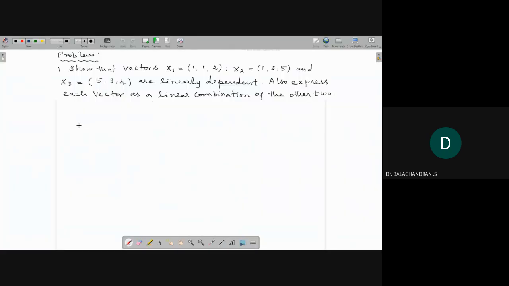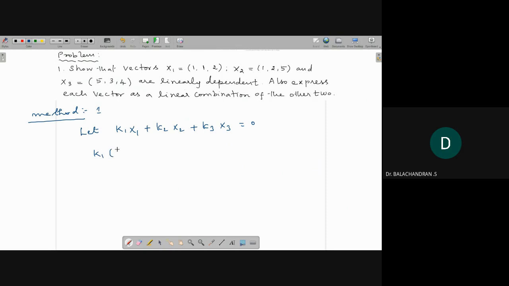So method 1. Now I am going to use the definition directly. In method 1, first you should assume that k1 x1 plus k2 x2 plus k3 x3 equals 0.